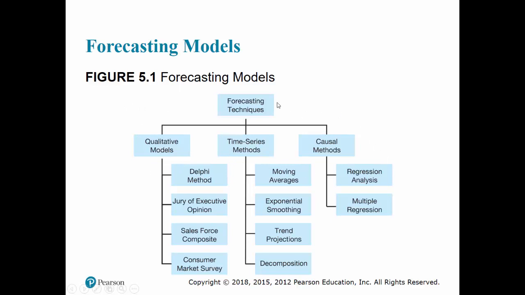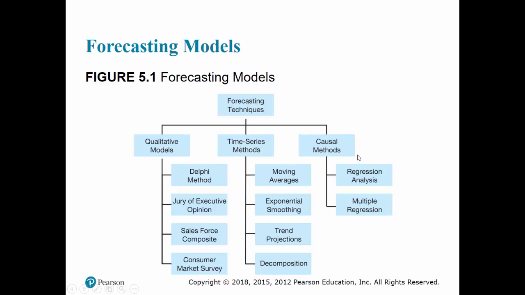And the quantitative models are further subdivided into two: time series methods and causal methods. Under qualitative models, there are four different methods that are listed here, and we will discuss each of them briefly.